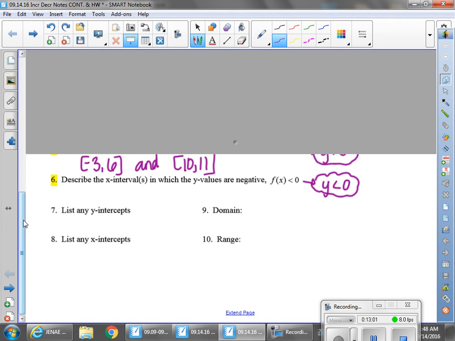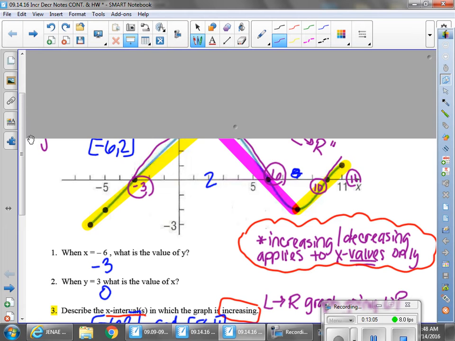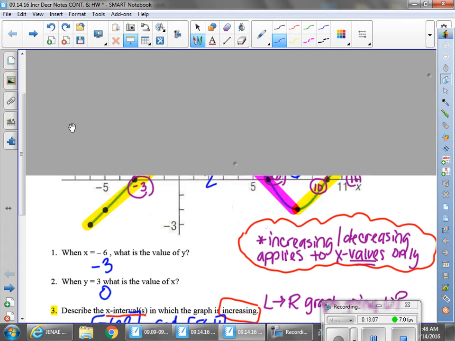Yeah, check that out. Who's got my first decreasing interval? I've heard from Cassidy, I've heard from Winta. Who else can help me out? Yes, go ahead. Negative 6 to negative 3, is she right? Yes, she is.